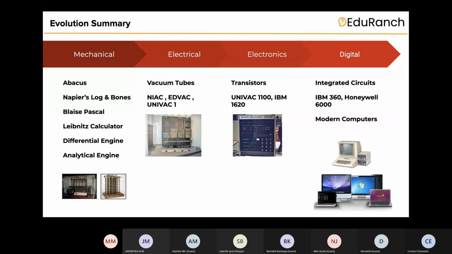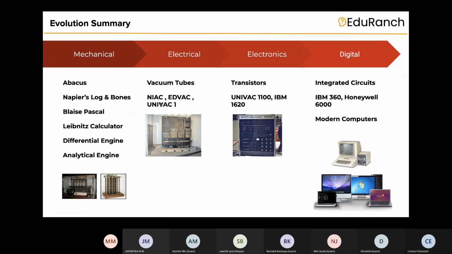So what have we seen so far? We have seen the mechanical generation of computers, right? What were some of the mechanical computers we had? The abacus. Absolutely. What else? We had Napier's bones, right? We have the Pascal mechanical machine, Leibniz calculator, all that stuff.